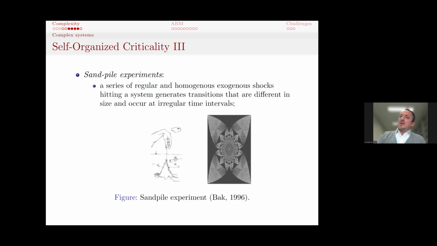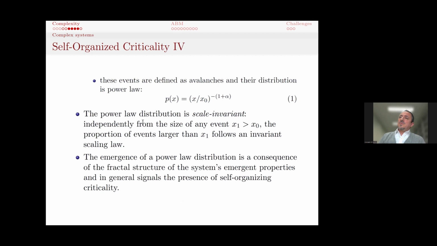To be more precise, to introduce some more formal probabilistic terms, the size of the avalanches will follow a power law. The power law looks like equation 1, in which we have only two parameters. One is x0, which is the minimum size of the event in the distribution, and alpha, which is positive.